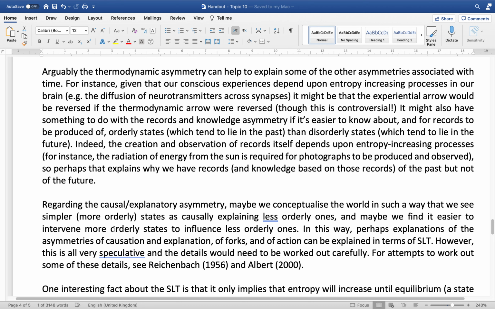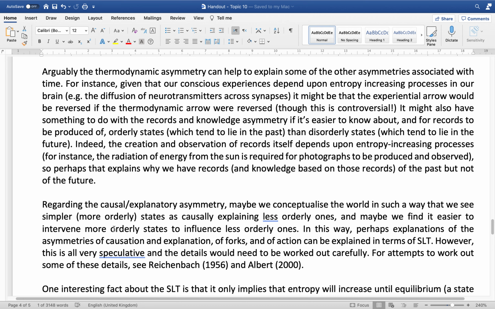So, for instance, the asymmetry of entropy increase might have something to do with the records and knowledge asymmetries, if somehow it's easier to know about and for records to be produced of orderly states, which tend to lie in the past, than disorderly states, which tend to lie in the future. And indeed, there's been suggestion that the creation and observation of records itself depends upon entropy increasing processes.